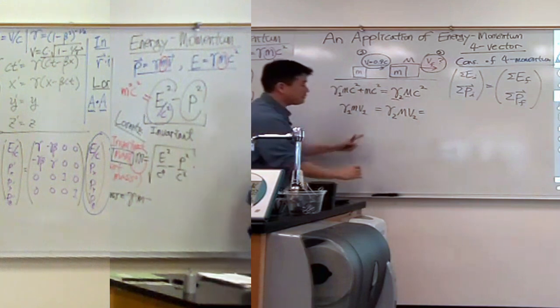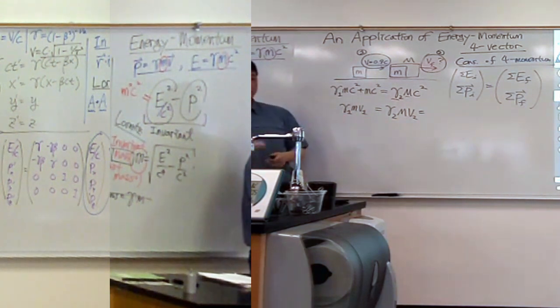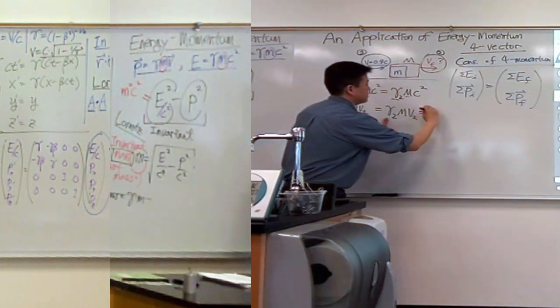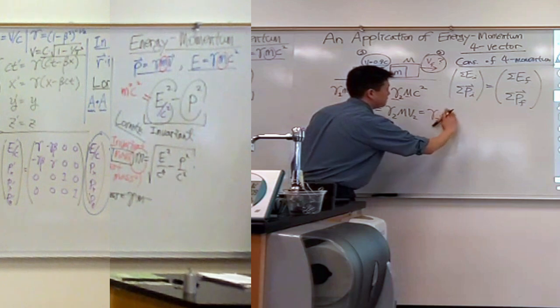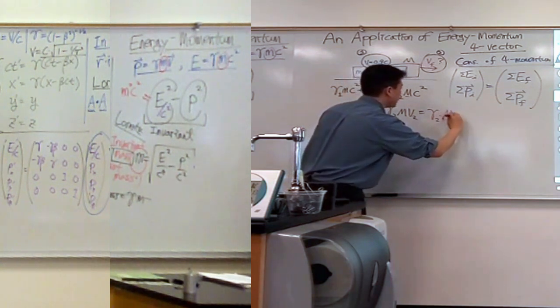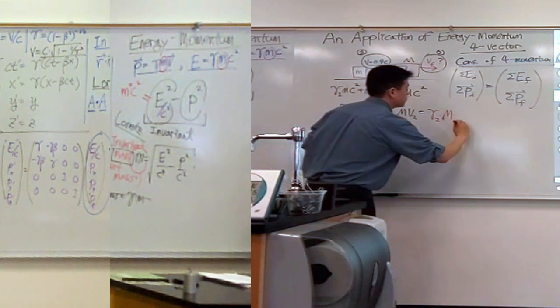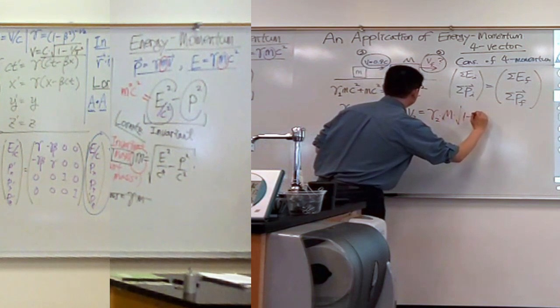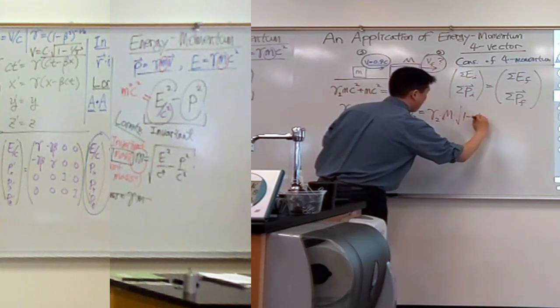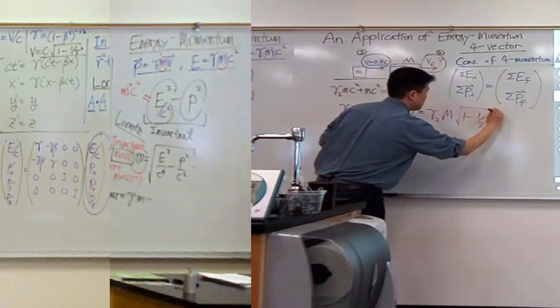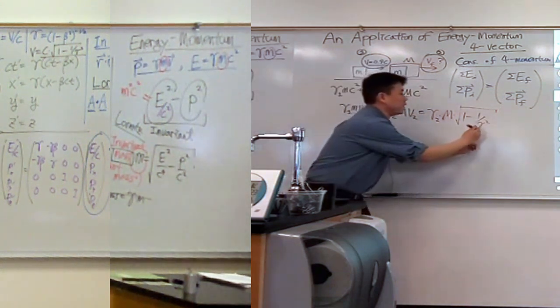So instead of rewriting gamma, I'd rewrite V and write this down. It's gamma 2 times big M times this, which does involve a square root: the square root of 1 minus 1 over gamma 2 squared.